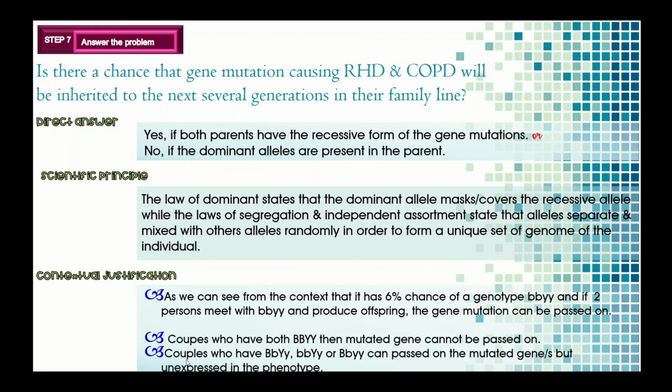Or you can have couples who have these genotypes. The genotypes are not both homozygous dominant, they are considered carriers, can pass on the mutated gene or genes, but unexpressed in the phenotype of their offspring.